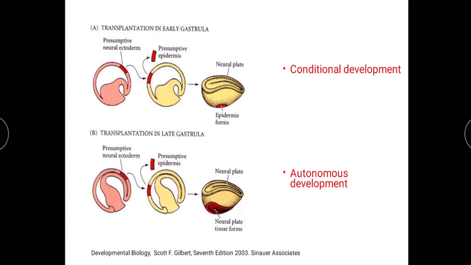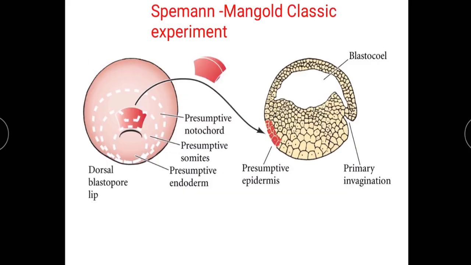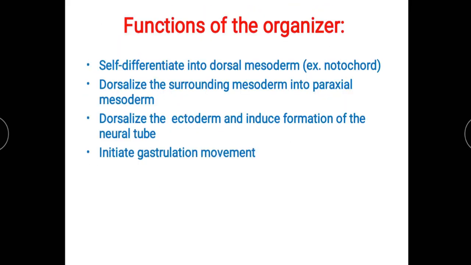Unless the gastrulation is started, there is no formation of the neural tube and no formation of the body axis, and that's why this dorsal blastopore lip is called the organizer of the embryo. Without the organizer, no event can take place smoothly.